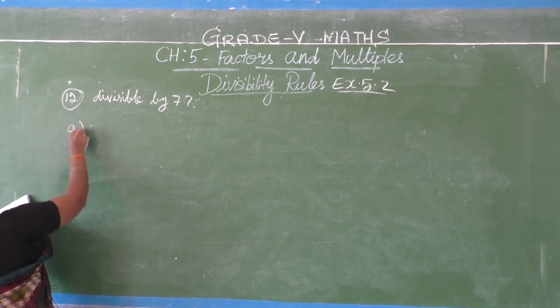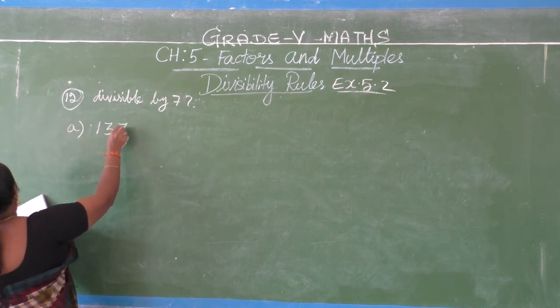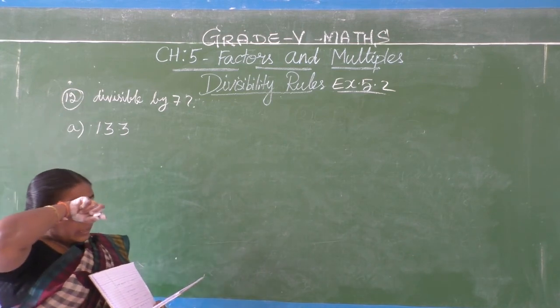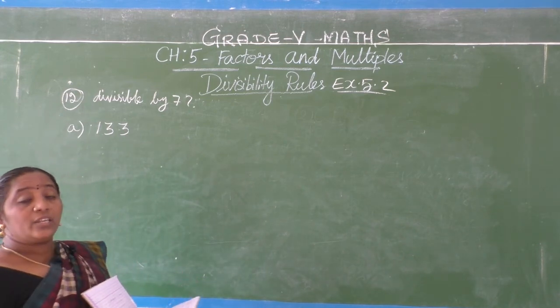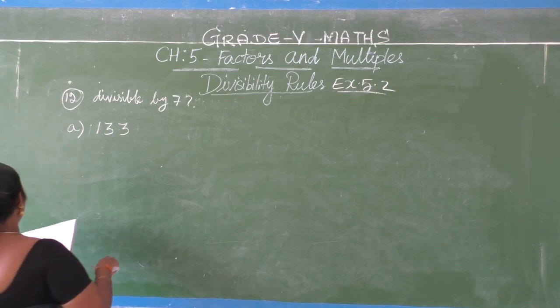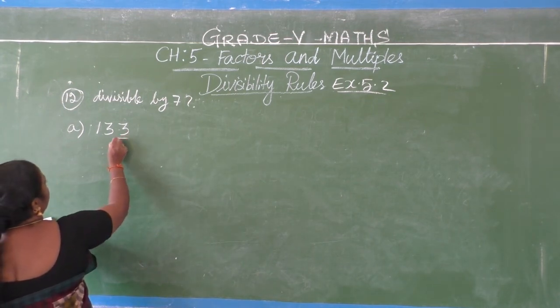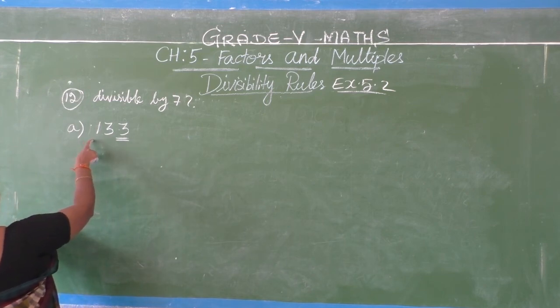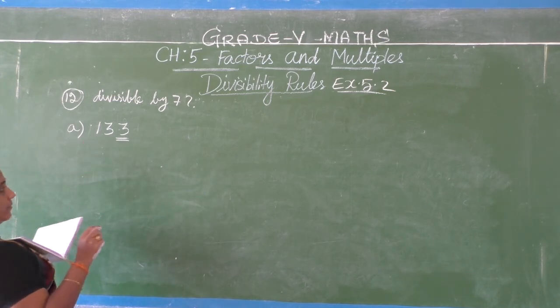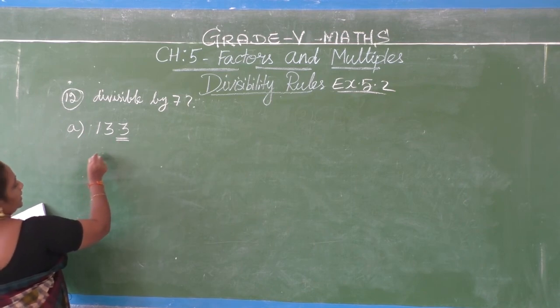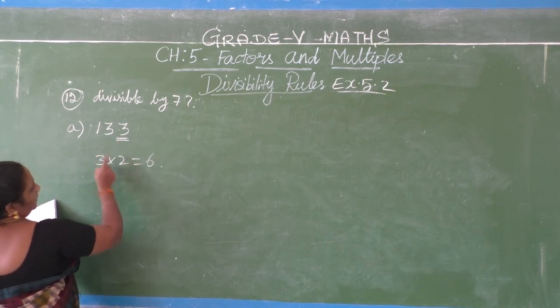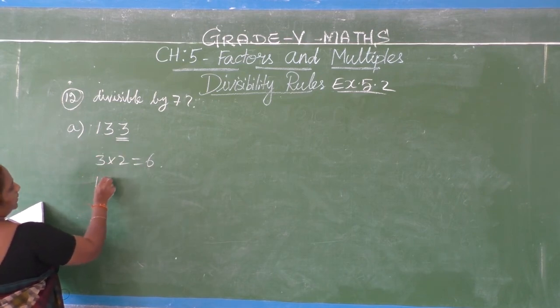See, 133. What is the rule for 7? If the difference between twice the digit in the ones place and the rest of the number is divisible by 7, then the number is divisible by 7. First I am going to double the ones place number, that means 3 twos are 6. Then the rest of the number is 13.